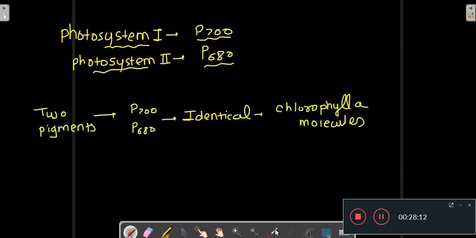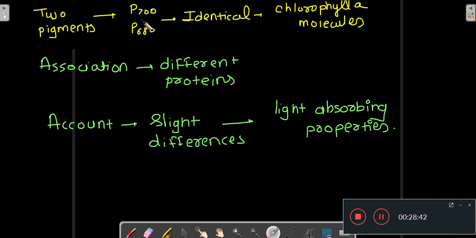Now these two pigments, that is P700 and P680, are identical chlorophyll A molecules, but P700 shows maximum absorption at 700 nanometer, and P680 shows maximum absorption at 680 nanometer, but both of them are identical chlorophyll A molecules. The thing is that these two pigments associate with different proteins, and this accounts for their slight differences in light absorbing properties.